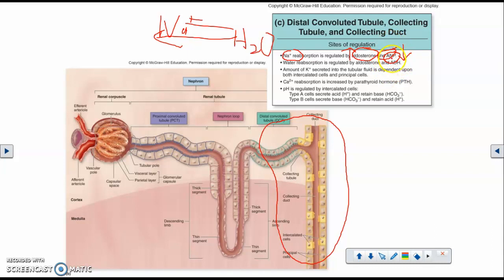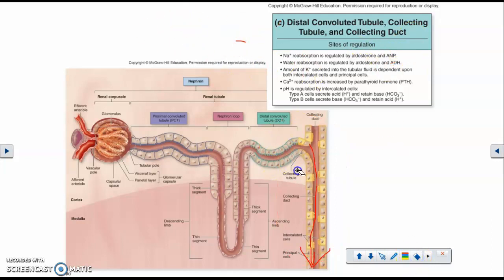In response, it decreases sodium reabsorption. Why? Because if you don't reabsorb sodium, water does not get reabsorbed, and then water gets excreted, and that decreases blood volume, which hopefully will decrease your blood pressure. So that's the main thing about sodium reabsorption in this portion.